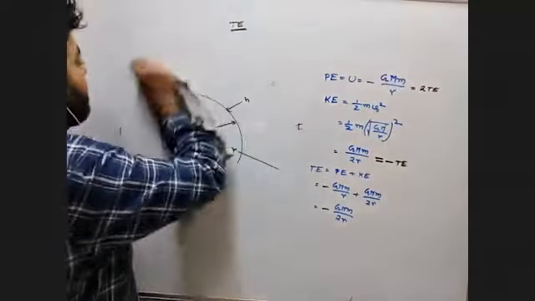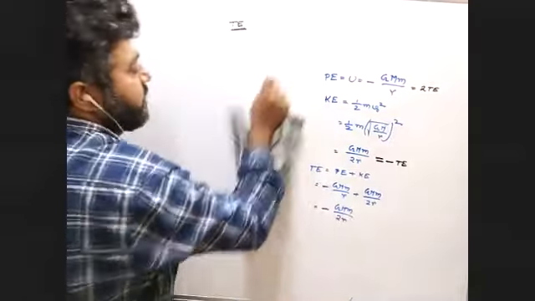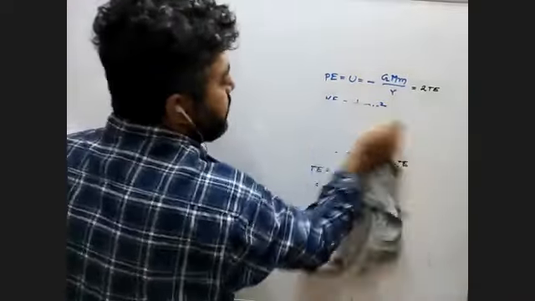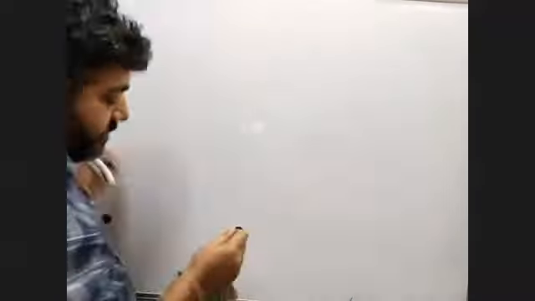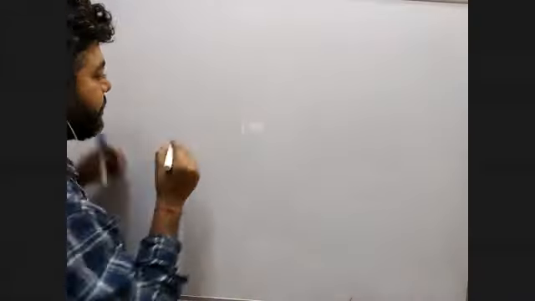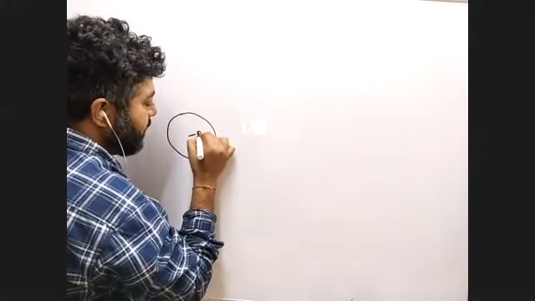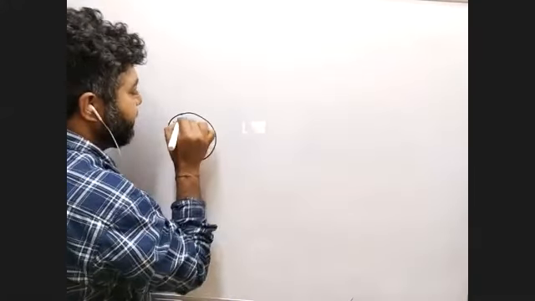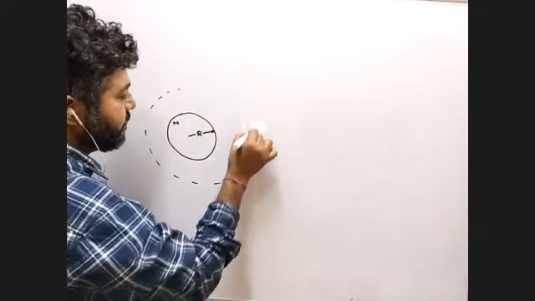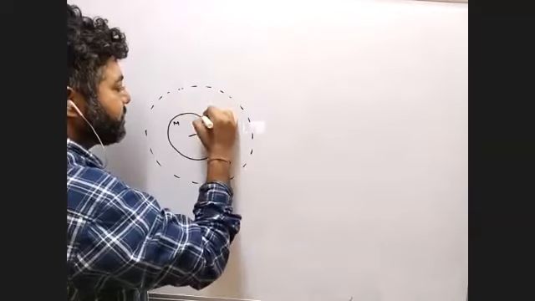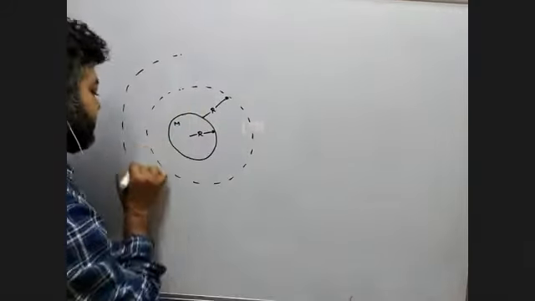Now, I can show you one very important numerical. Suppose this one is my Earth, whose radius is r, mass is m, and this is the first orbit. Suppose again the radius is r, and this one is the second orbit.